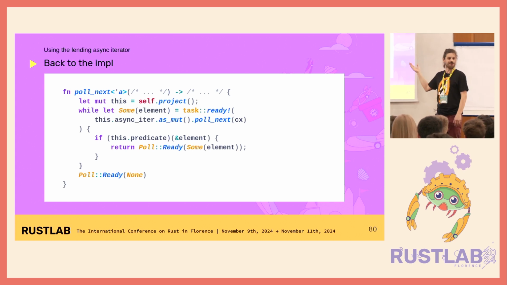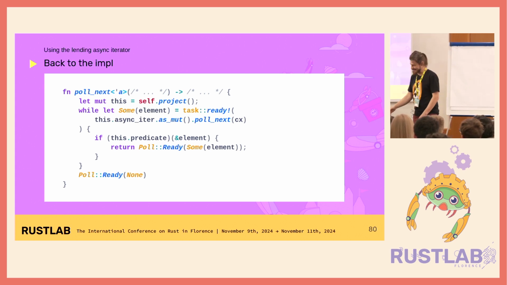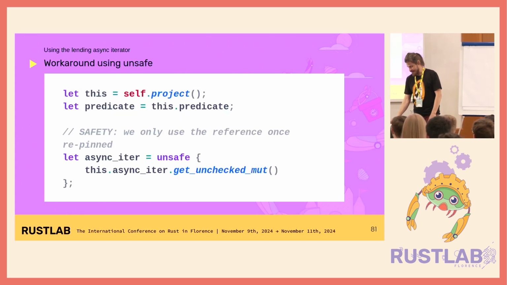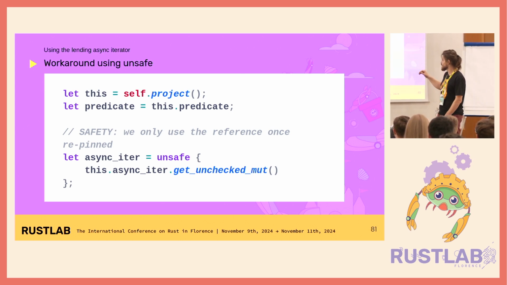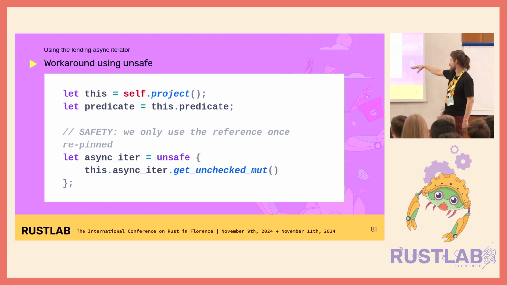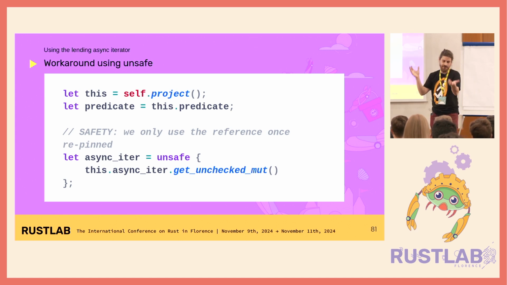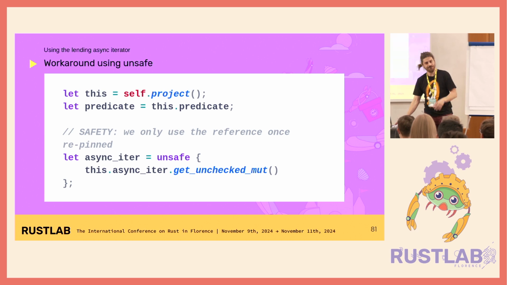We were implementing filter, remember? And what can we do at the moment? We can just use unsafe. In this case, it's possible. So we split the predicate and the async iter because it's better to do that. We can just use get_unchecked_mut, and we promise not to override the async iter, and we promise to use the async iter pin again later.